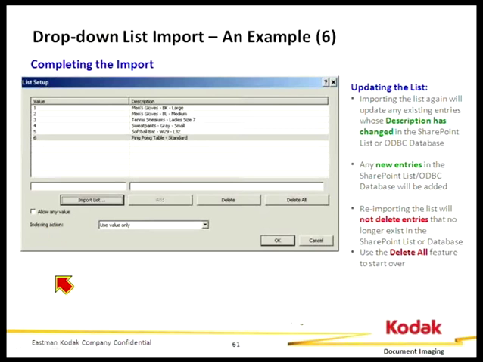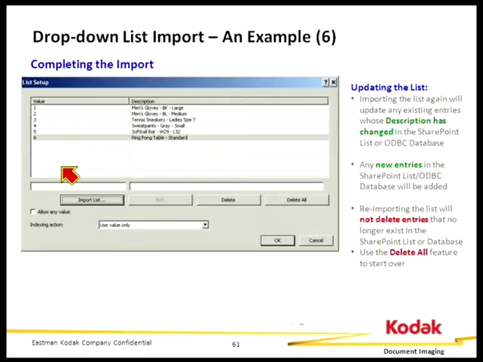You have to consciously go in and say, I'm going to re-import this list. So importing the list again will update any existing entries automatically. The ID is not going to change for a SharePoint list, but the description might change. Notice that in the list that exists in Capture Pro, the value is kind of the key entry to the list within Capture Pro.